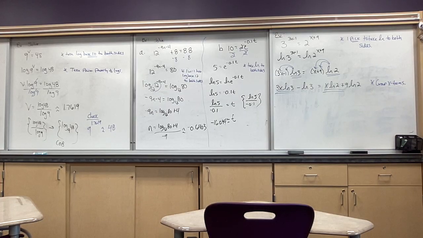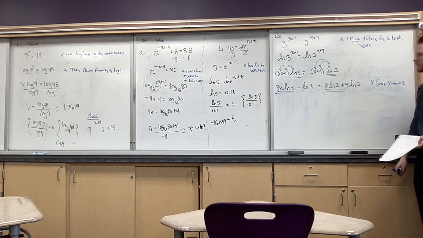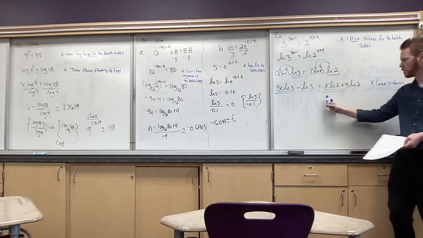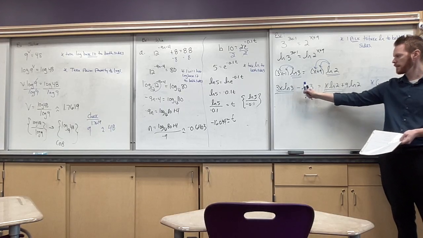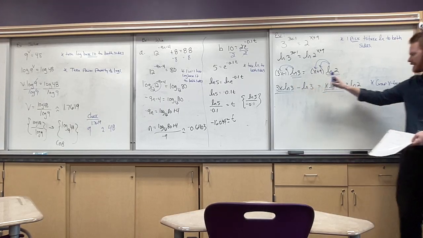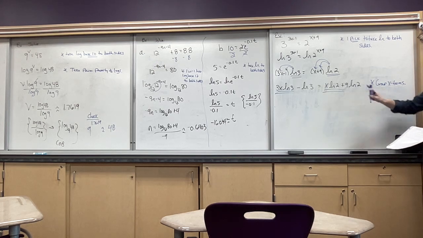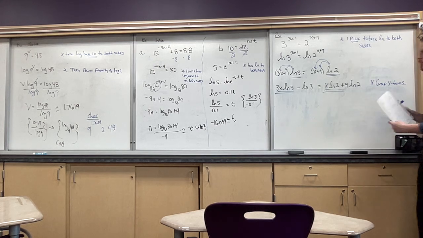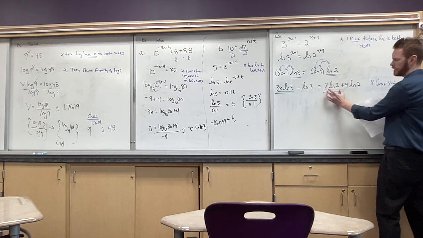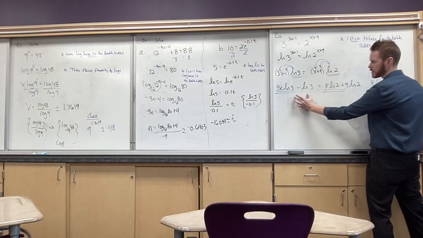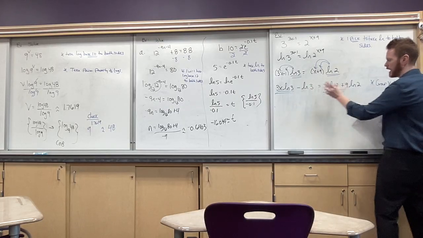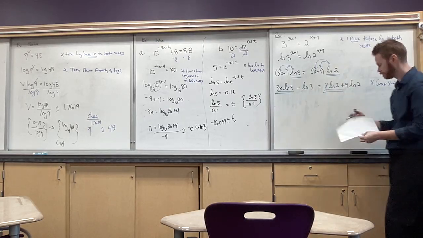Okay? So that means, let's do this. I'm going to subtract this over here, and then I'm going to add the natural log of 3 over here. So I'm going to do 2 things in 1. So again, this is what I'm going to do. I'm going to take this one, move it over here by subtraction, take this one and add it over to the other side. Okay?